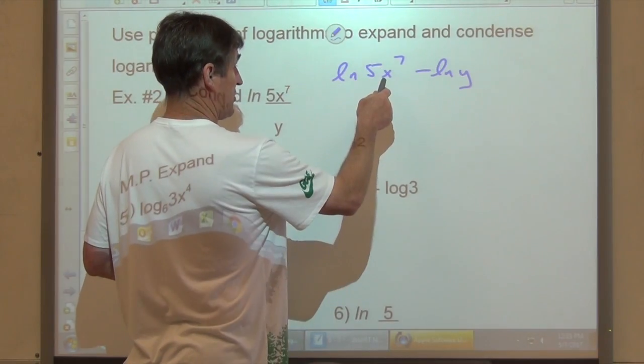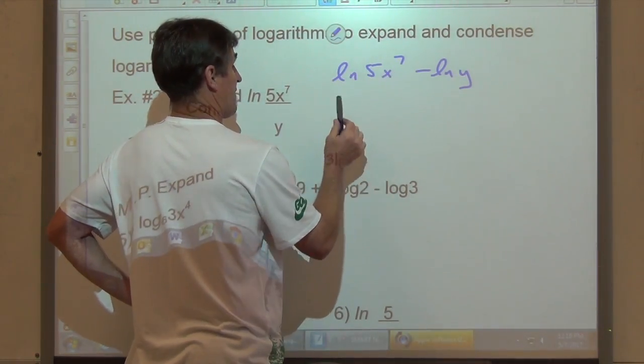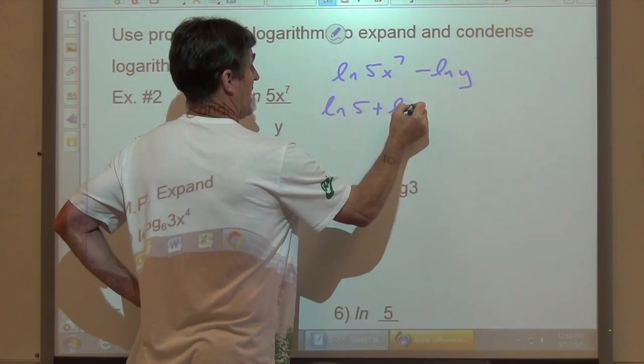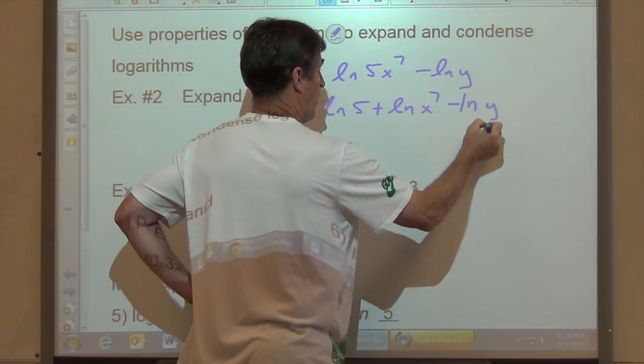And then I can still do this. I can change this, because this is 5 times x to the 7th. I can change that into ln 5 plus ln x to the 7th minus ln y.